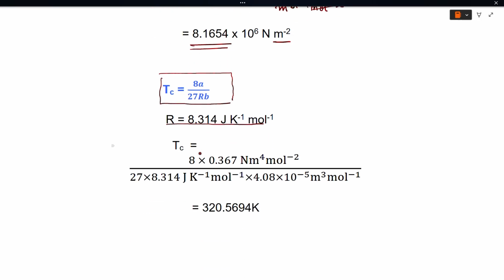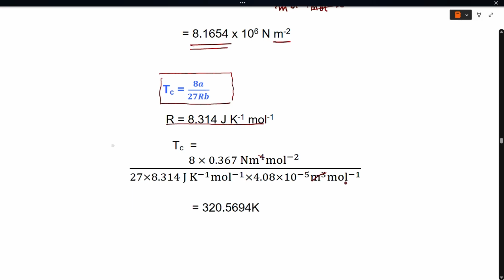Now Tc is equal to 8 into A, which is 0.367 newton meter raised to 4 mole raised to minus 2, then 27, R is equal to 8.314 joules per Kelvin per mole, and B is equal to 4.08 into 10 to the power minus 5 meter cube mole raised to minus 1. Now we will have to see how the units get cancelled, that is meter cube and this meter get cancelled.